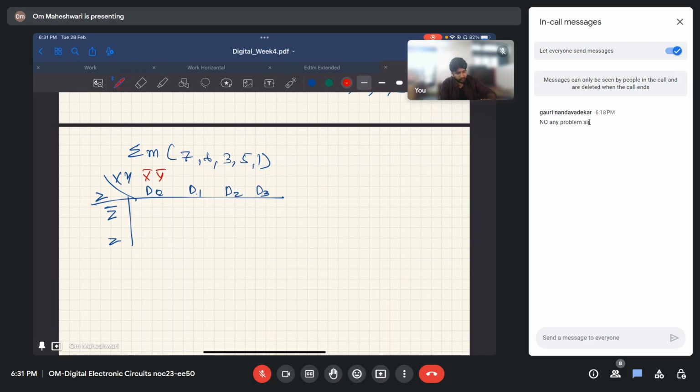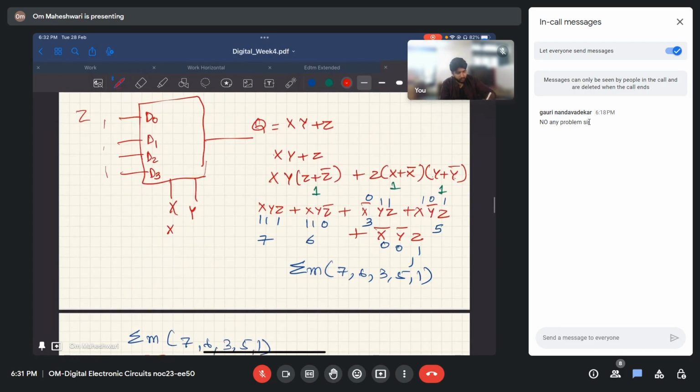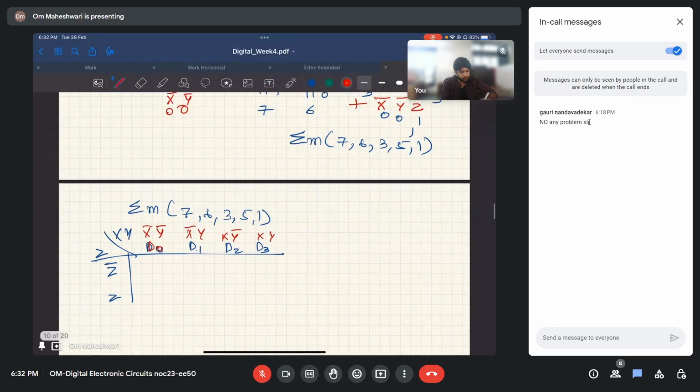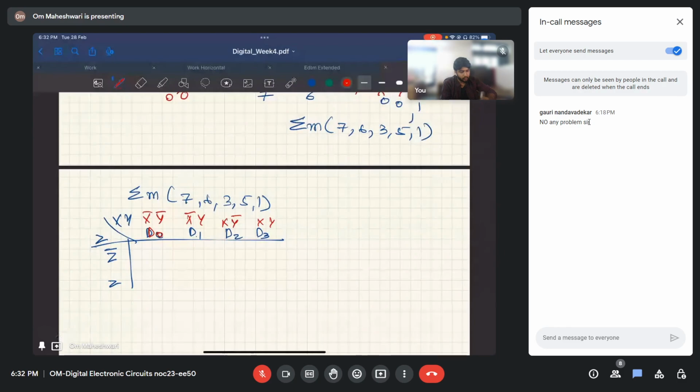When it is X bar, Y bar, that is 0, 0, then only D0 is selected, right? That's why I have written here D0 below X bar, Y bar. Similarly, X bar, Y, X, Y bar, X, Y.